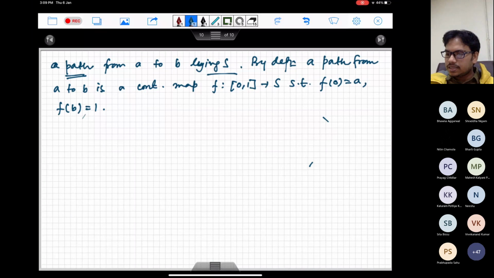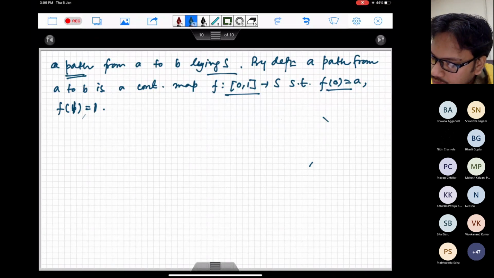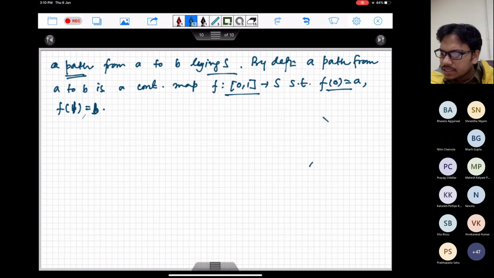So this path lies in S. That means it should be a continuous function starting from an interval [0, 1]. In place of [0, 1] you can have anything, [0, 2], [0, 5] or [5, 7], it doesn't matter. A continuous function from a closed and bounded interval to S, such that the first end point of the interval goes to A, and the right end point of the interval goes to B. Sorry, I wrote it wrong, f of 1 is equal to B. If you have this, then that's called a path.